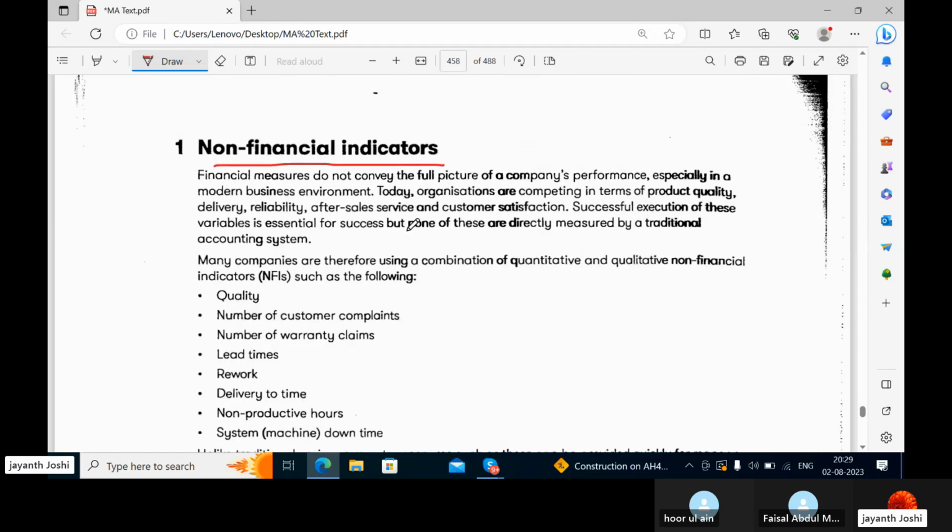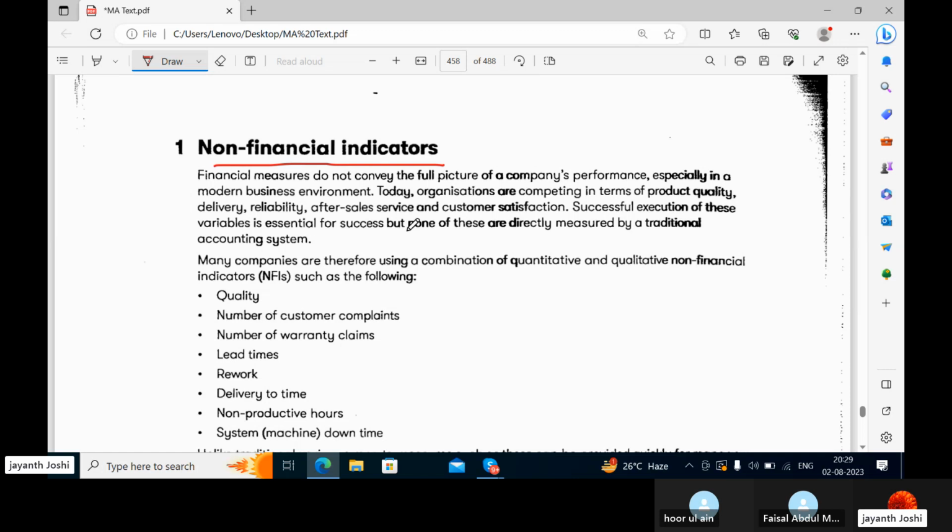Non-financial indicators. What are the areas we need to study to check the performance of a company in the areas where money is not at all involved, the areas which can be termed as non-financial aspects.